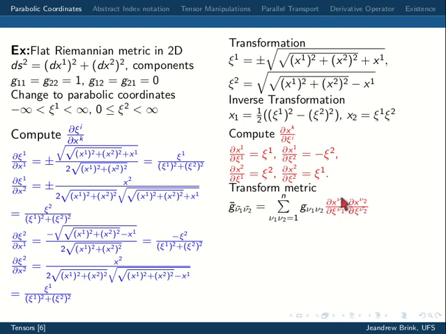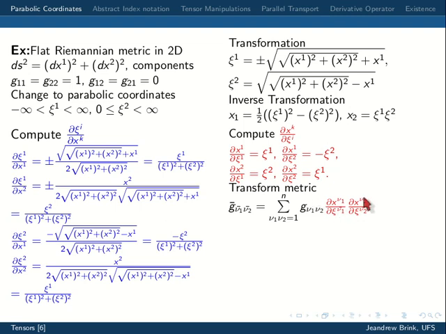So be very, very careful when you do a transformation that you are using the right Jacobian. Go back to the definitions from the law or the things I derived in the previous lecture as to whether you are taking the derivatives of the coordinates with respect to the barred coordinates or the other way around, because your covariant and contravariant components always transform differently.